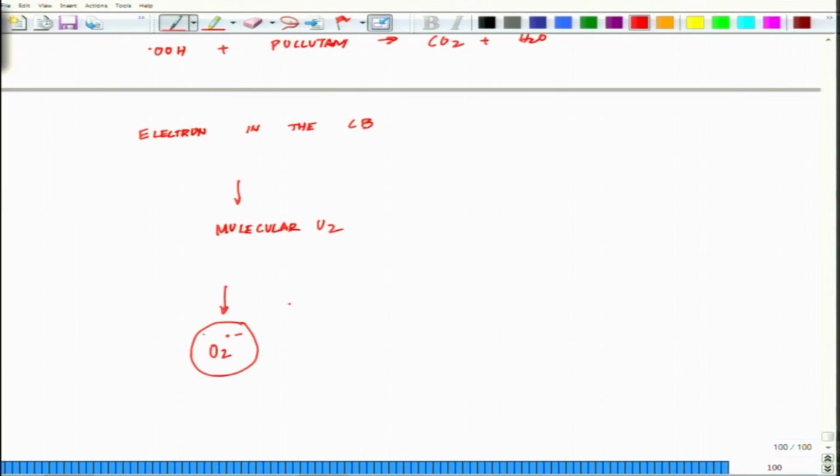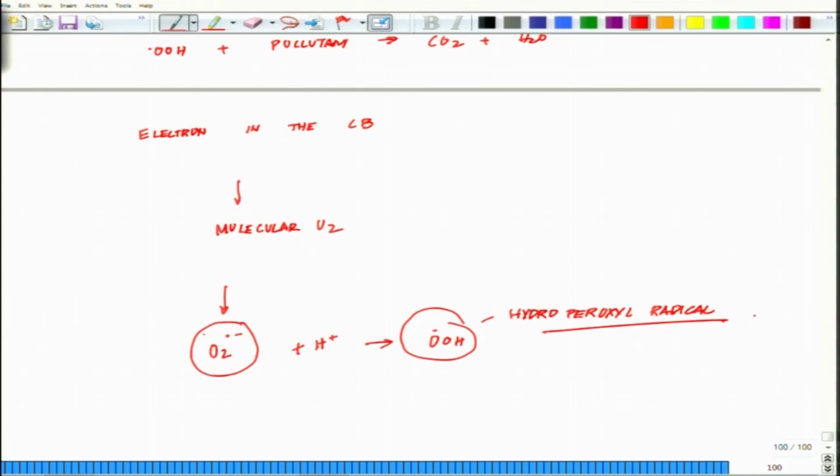That may further react with H+ to generate the hydroperoxyl radical, and further electrochemical reduction yields H2O2, as I showed you in the reaction.